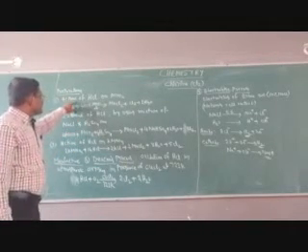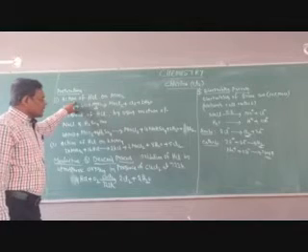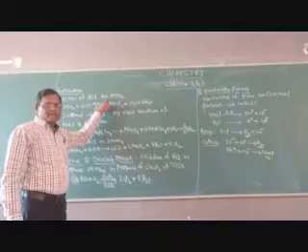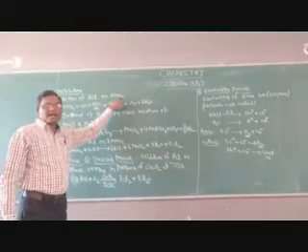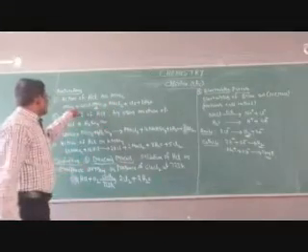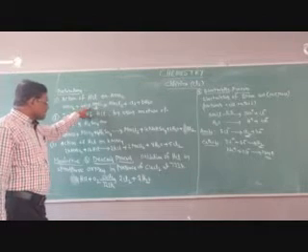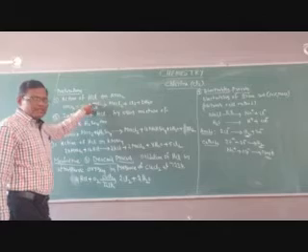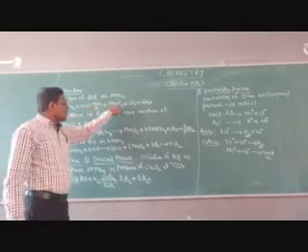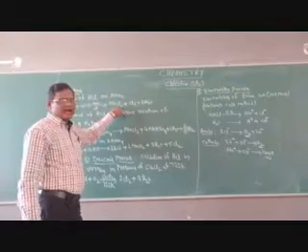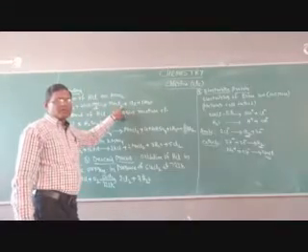One of the methods: chlorine is prepared in the laboratory by the action of HCl, hydrochloric acid, on manganese dioxide. Here manganese dioxide reacts with concentrated hydrochloric acid on heating to form chlorine gas, and the byproduct is manganese chloride also.